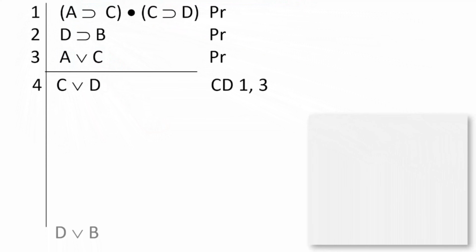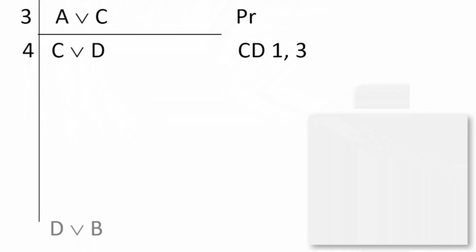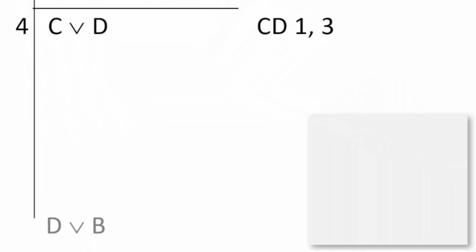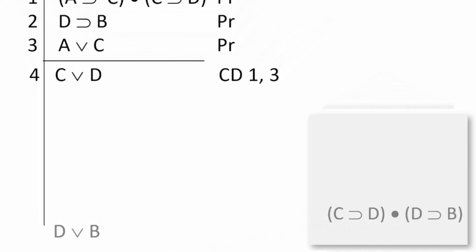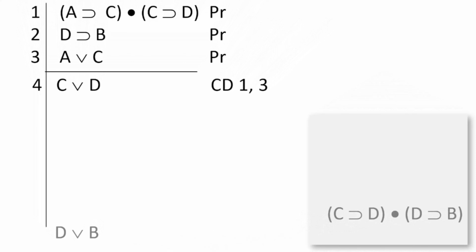Now, however, we can think again whether we could not obtain our conclusion from this new disjunction by means of constructive dilemma. Let's again think about the missing proposition. We would have to have a conjunction of two conditionals, one if C then D, the other if D then B. We don't have such a conjunction in our premises, but we can obtain them.